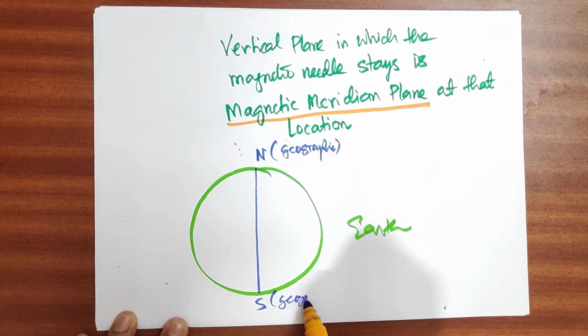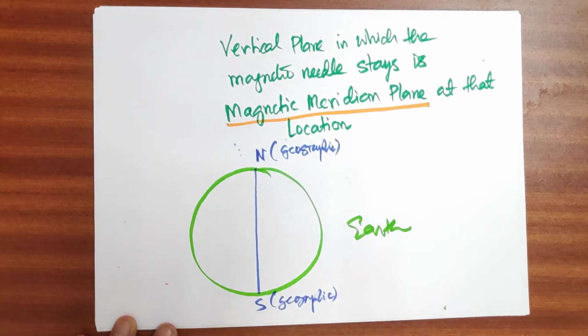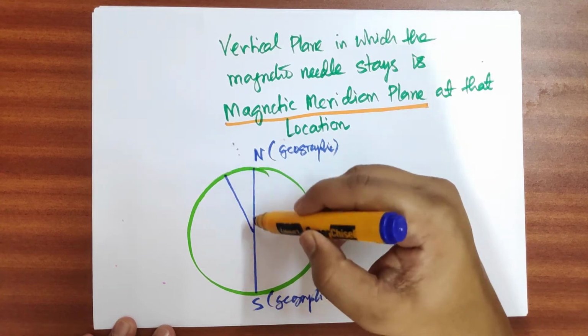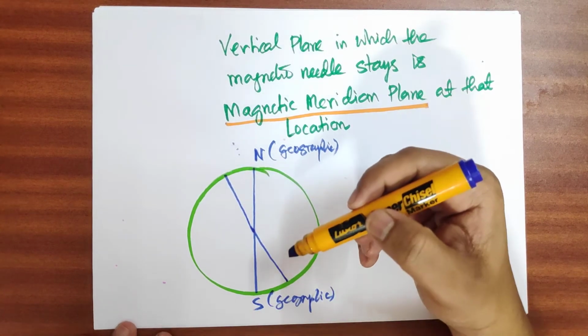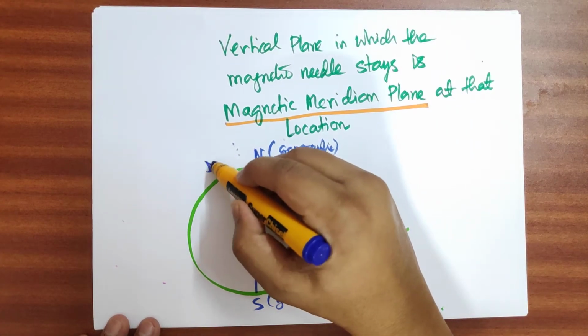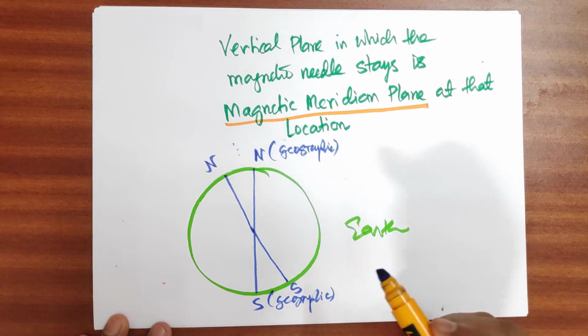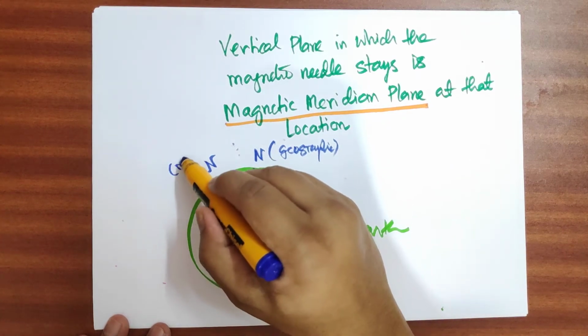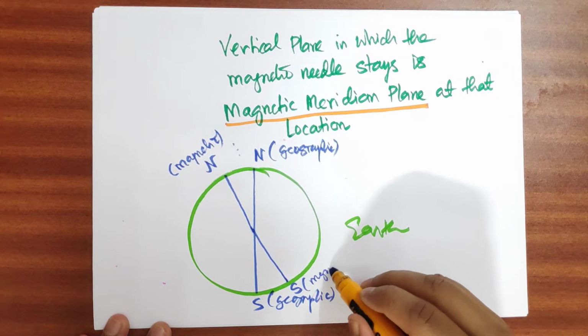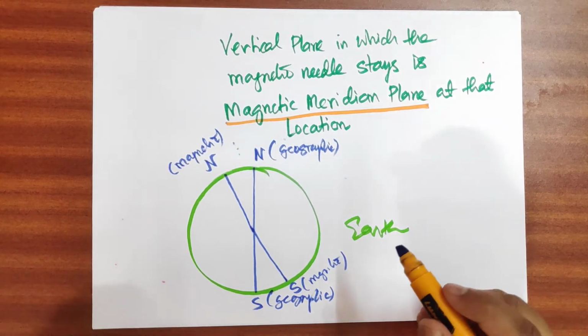Just beside it, slightly tilted, say around 11 to 12 degrees, there is the magnetic north pole and the magnetic south pole.